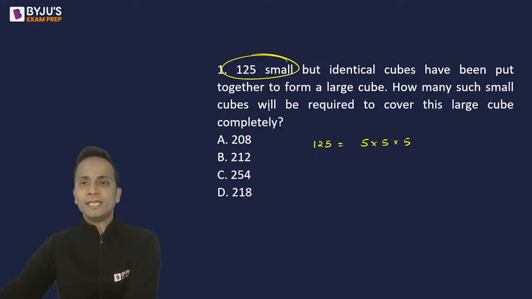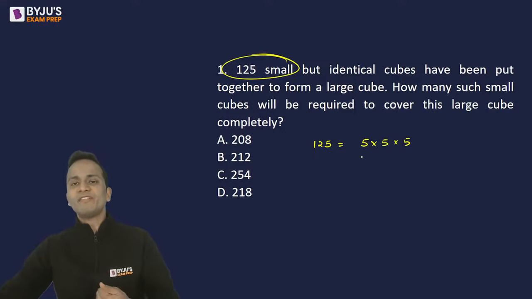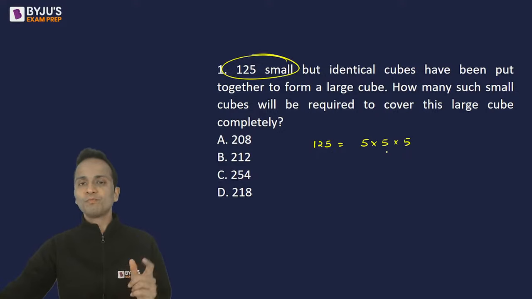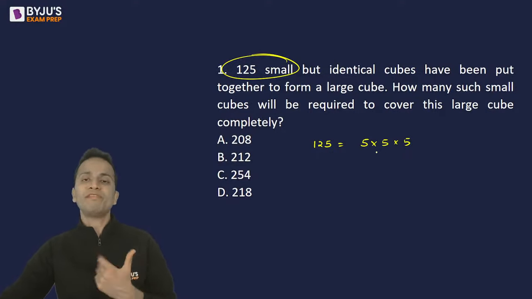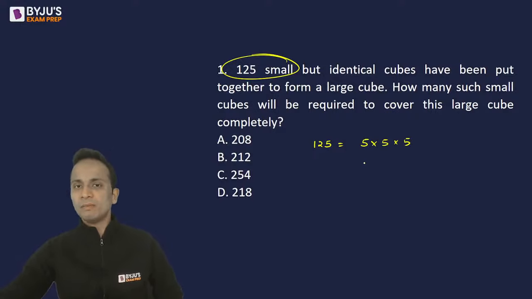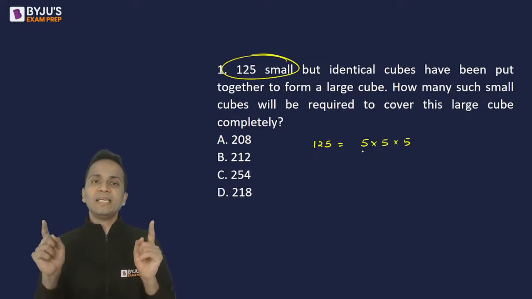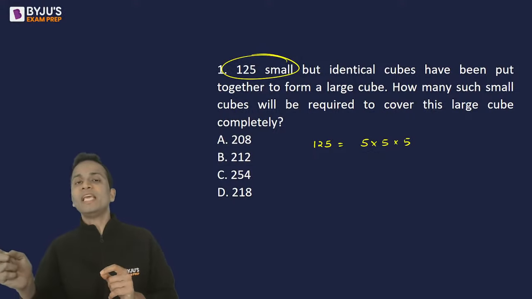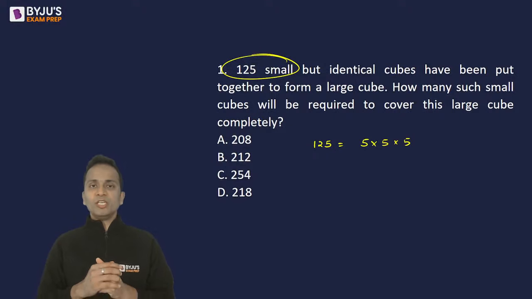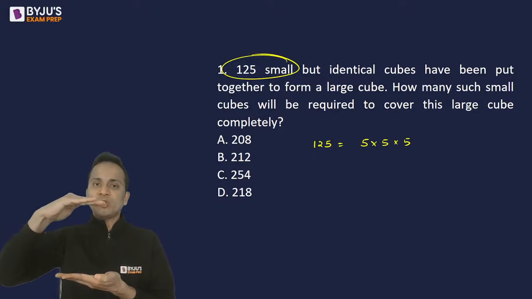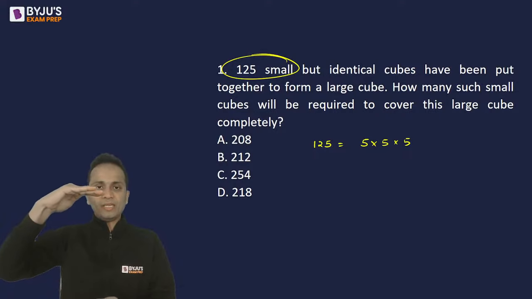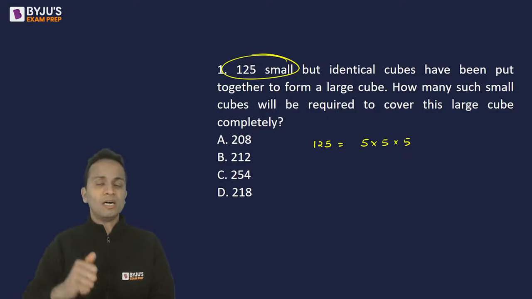All right, what I was saying is 125 is 5 into 5 into 5, it is 5 cubed. So the larger cube that will be formed has each side of length 5. Now to cover this up, we will obviously be extending each side by 1 unit on every side. If I want to cover the height, earlier the height was 5, so I need to cover it 1 unit towards the bottom and 1 unit at the top.